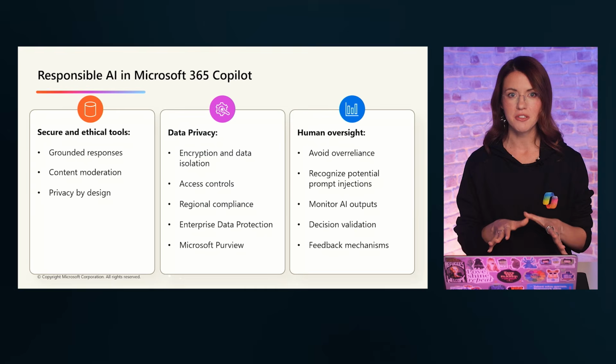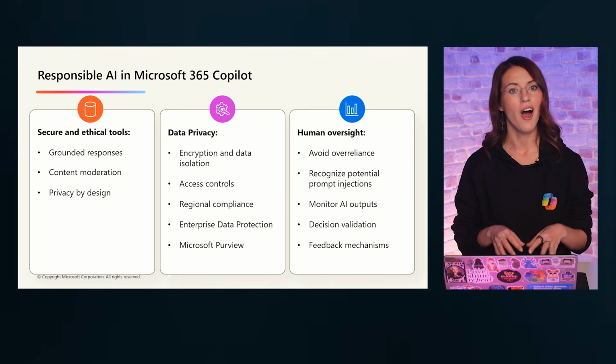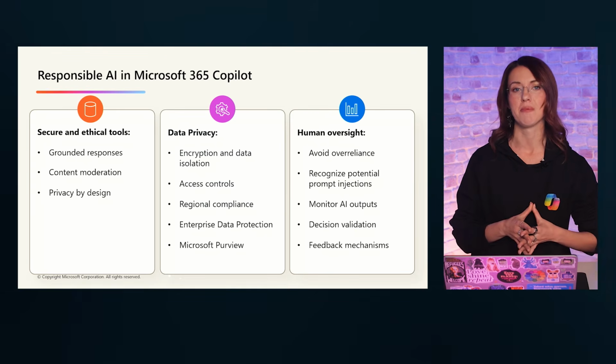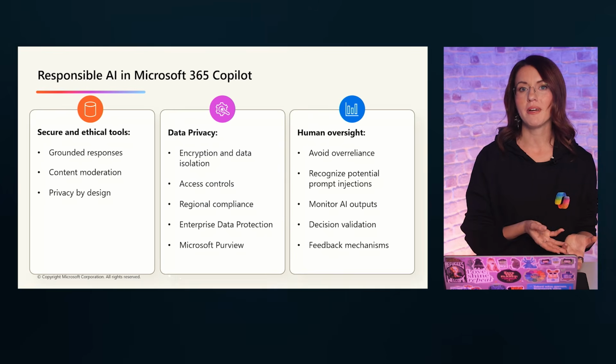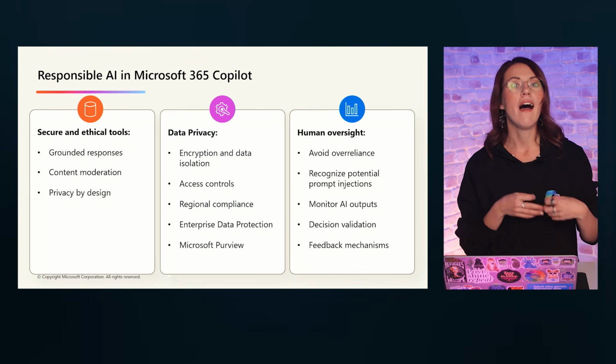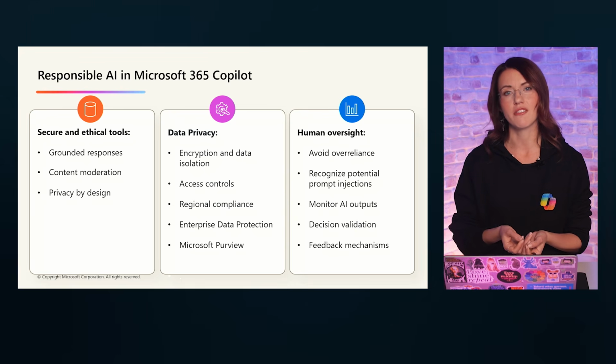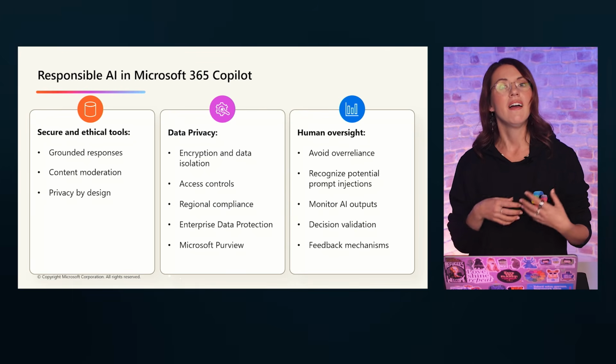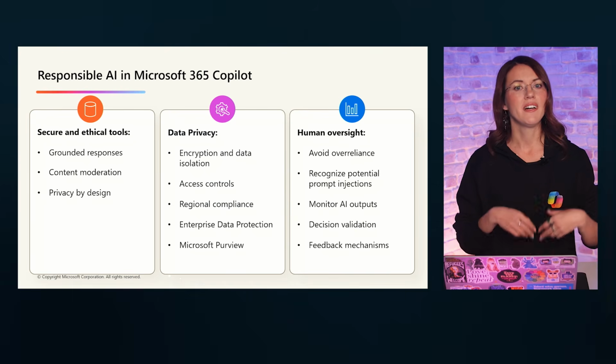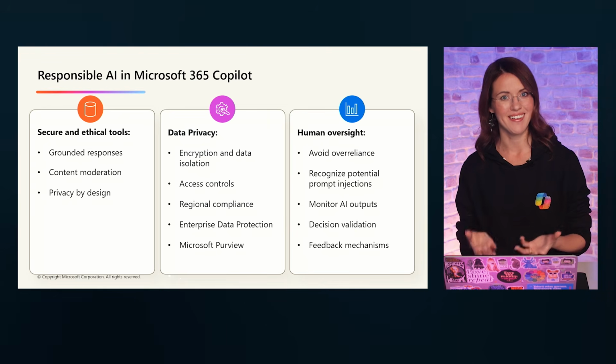That is why human oversight matters. Always review Copilot's responses. Confirm the information is accurate and make sure sources are trusted and appropriate. AI accelerates work, human stays accountable.